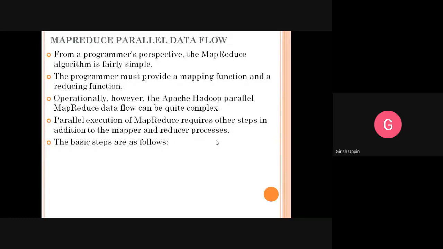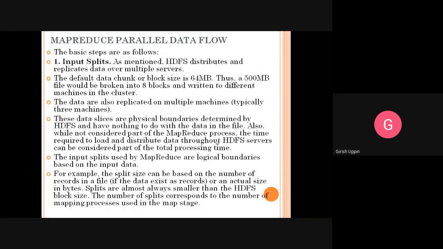The basic steps followed here are like this. First is input splits. Whatever input data is given should be split. As mentioned, HDFS distributes and replicates the data over multiple servers. We have already understood how HDFS works.